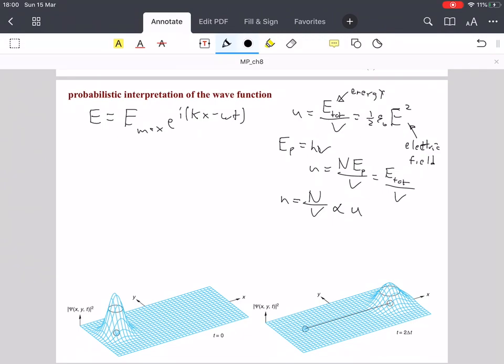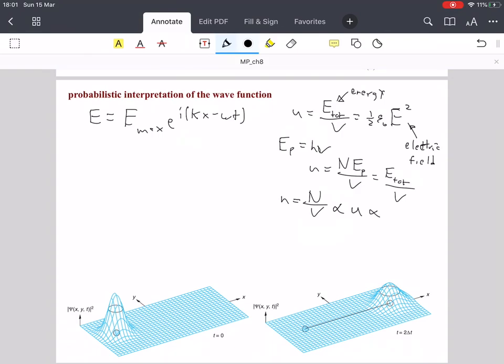And then the probability of finding a particle is related to this number density. If you had more particles in a fixed volume, then you'd be more likely to find one of them. Whereas if in the same volume you only had a couple, you would have a lower probability of finding the photon or the particle.